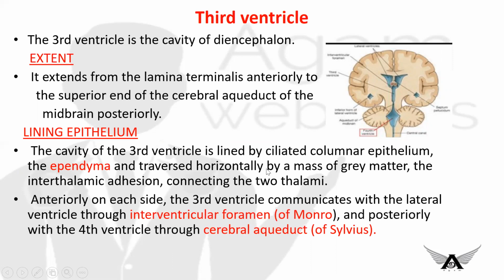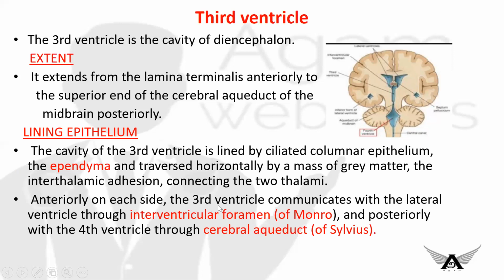It is traversed horizontally by bars of gray matter. The interthalamic adhesion connects the two, though this is a least important thing. The two thalami are connected by a mass of gray matter, the interthalamic adhesion, which traverses horizontally through the third ventricle.